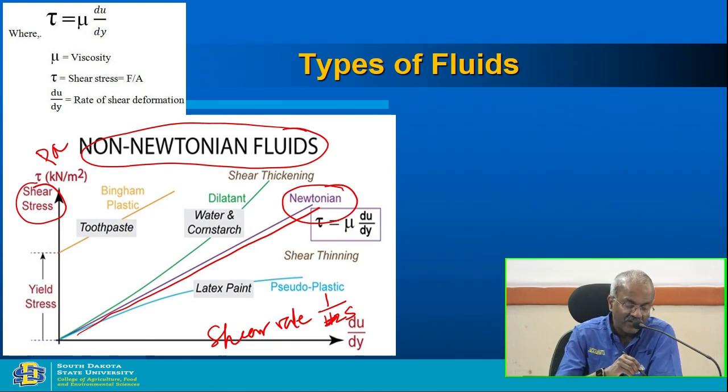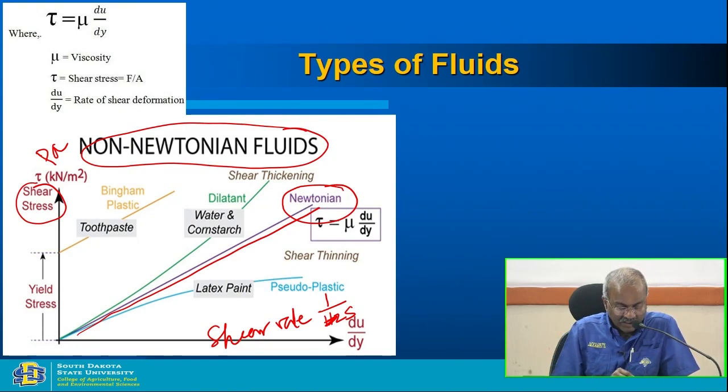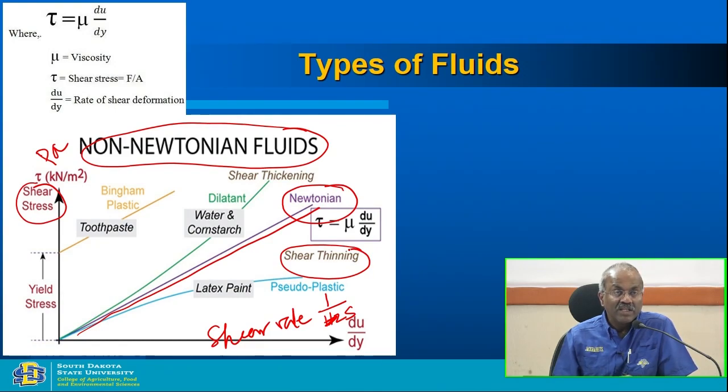And there are different classifications within the non-Newtonian fluids. If the shear stress is changing exponentially for a given shear rate, that's called shear thinning. Shear thinning means if you take a slope of this line, the slope here will be higher and it will be slowly decreasing.